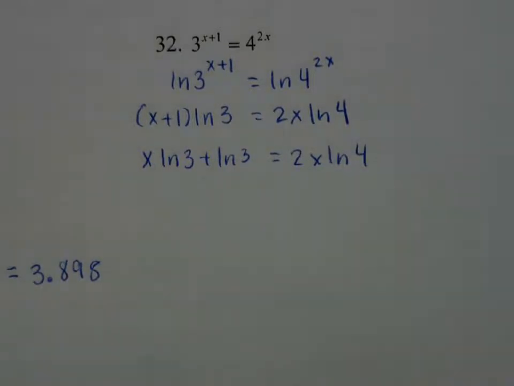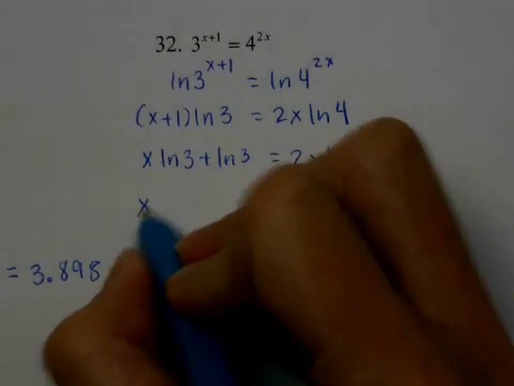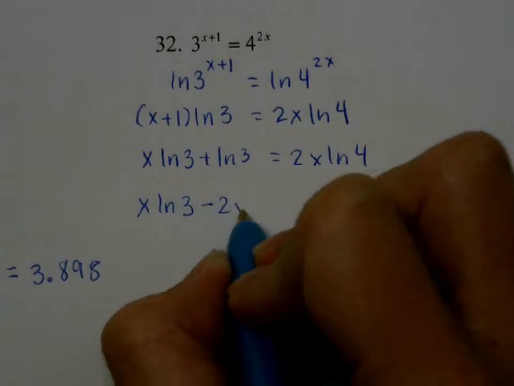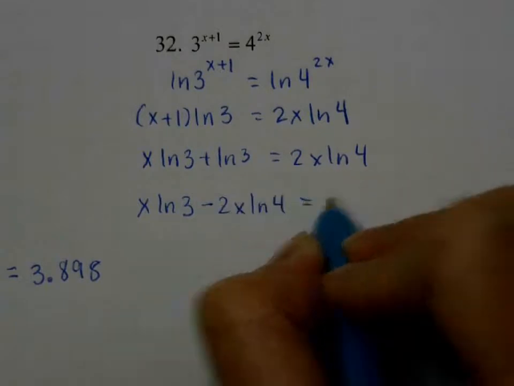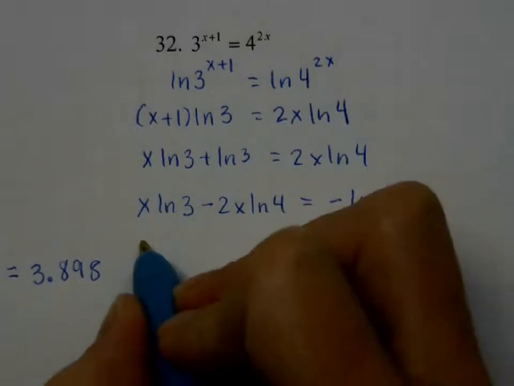I'll move everything with an x to one side and everything that doesn't have an x to the other side. Then I can factor the x out.